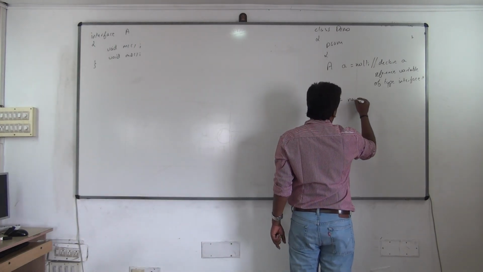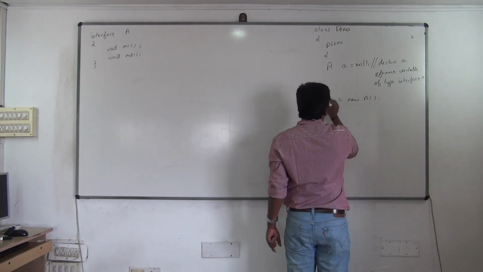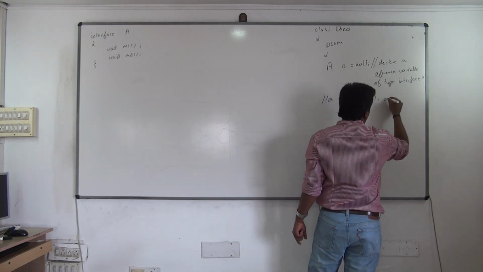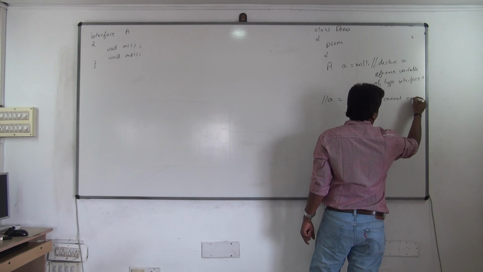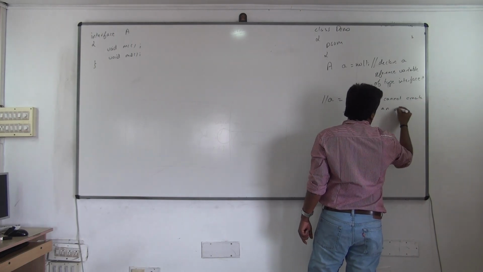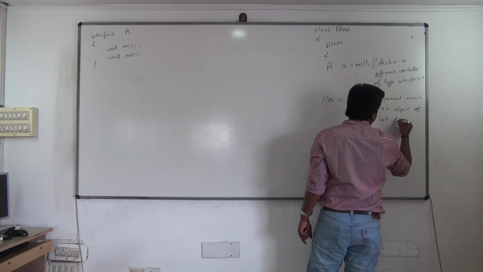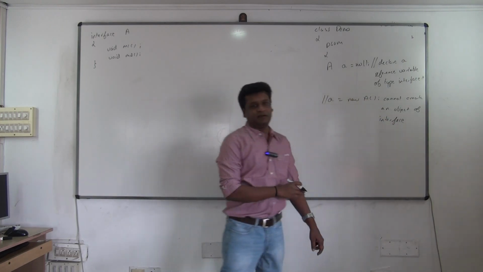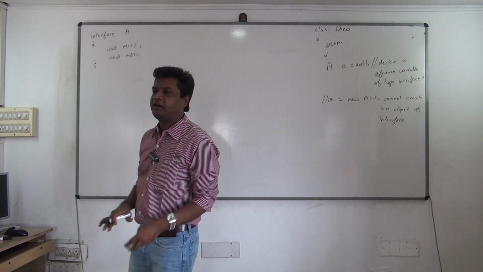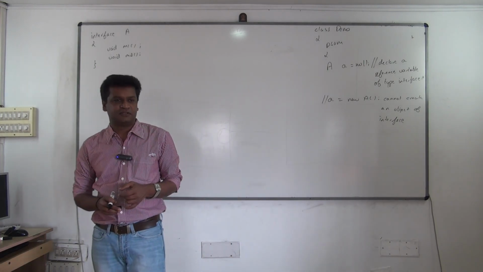A is equal to new A is an error. You cannot create an object of an interface. Why? Because it's unclear. Unclear things cannot be brought into existence.